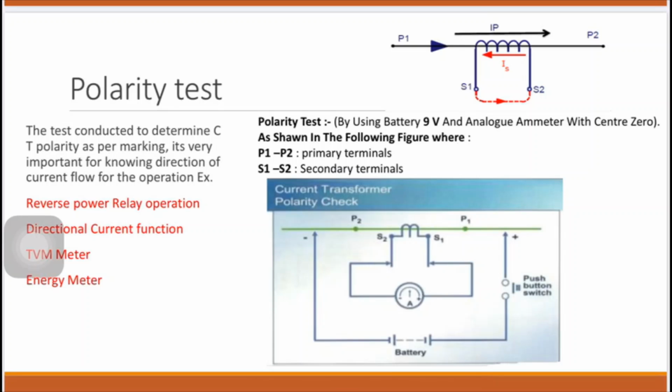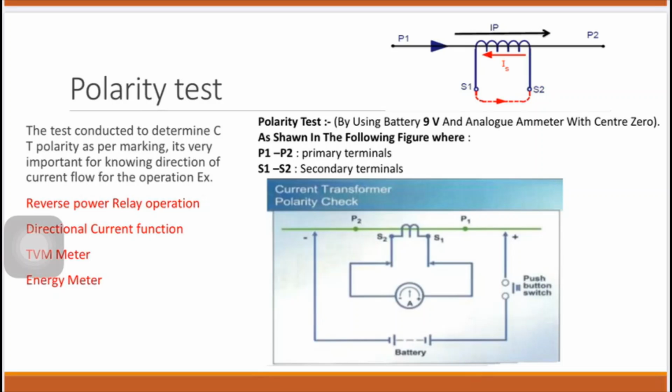In case of differential protection, if the polarity is reversed, instead of heading into the circuit, the current will flow away from it. In the same way, in directional overcurrent, instead of seeing the protected area, it will see the opposite area. The same thing will happen with a reverse power relay.